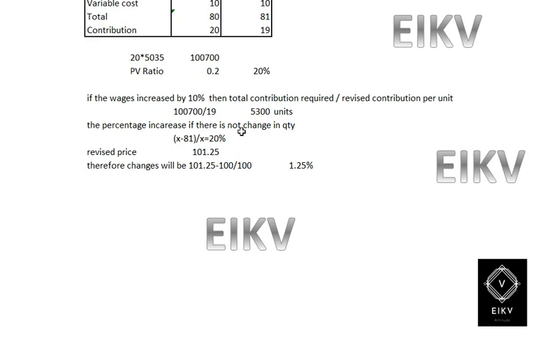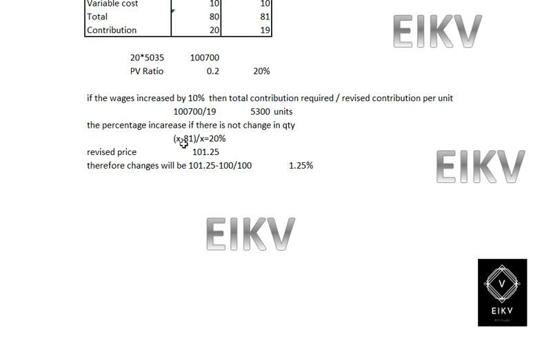The contribution divided by sales into 100 gives 20%. So X minus the total variable cost, which is 81, divided by X is equal to 20%.